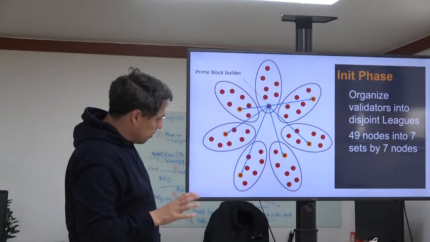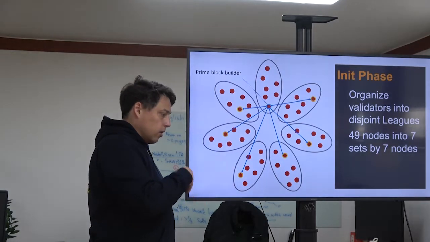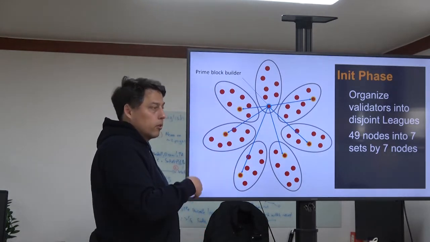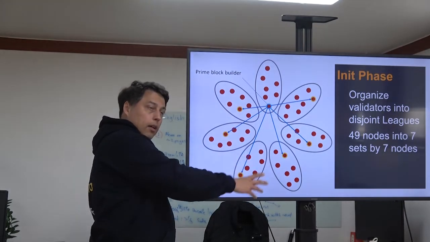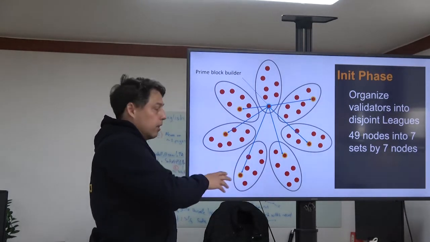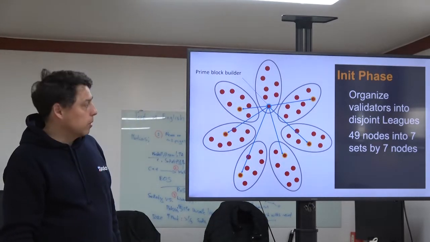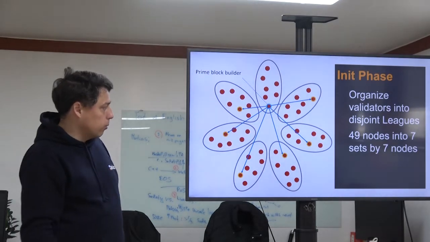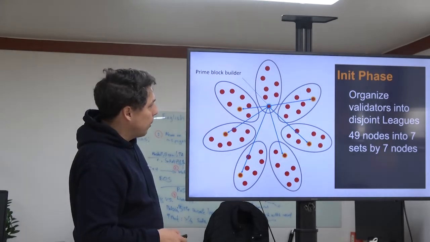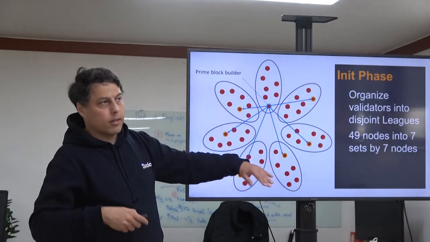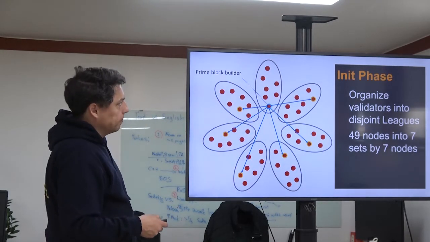We expect that the primary criterion to group nodes will be geographical locality, like in the same country or connected by a very fast broadband trunk, so that the networking in the league is expected to be fast. This is the init phase, the phase of network deployment, when we just create the network for our platform.